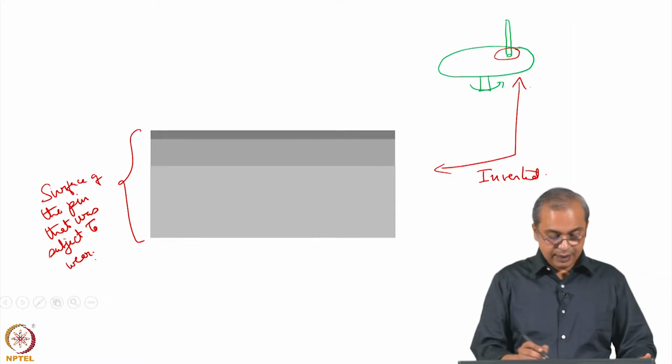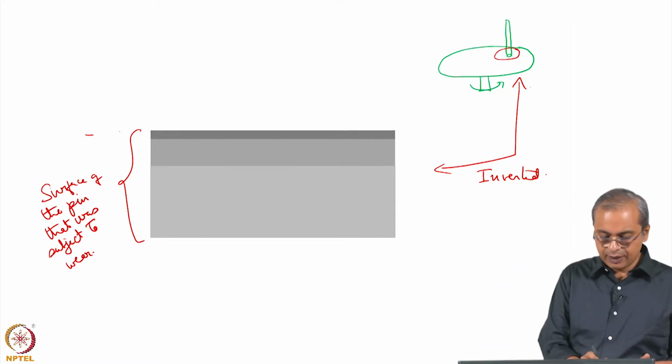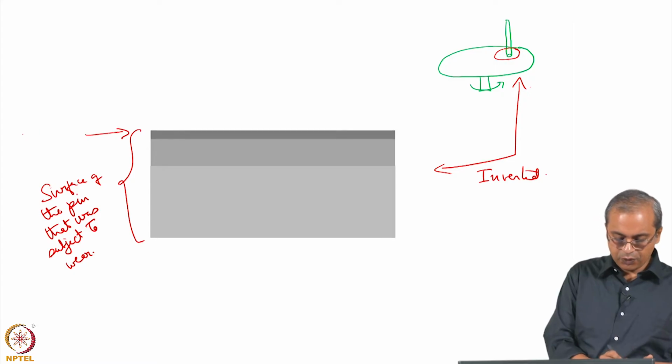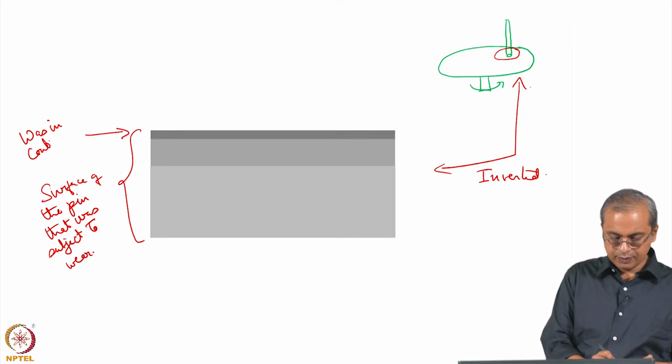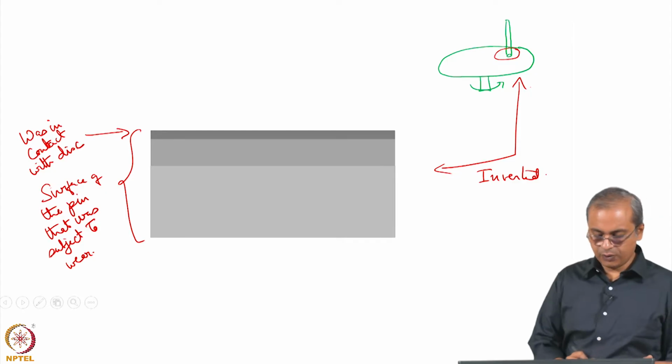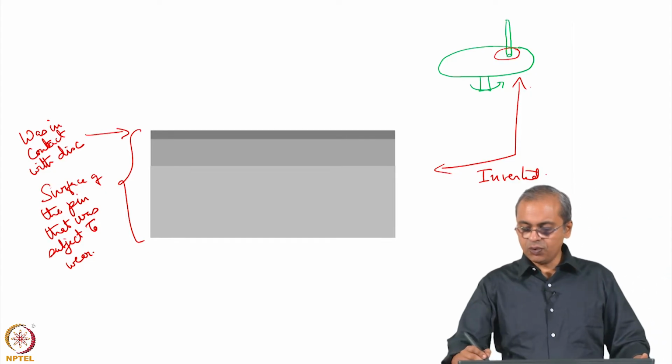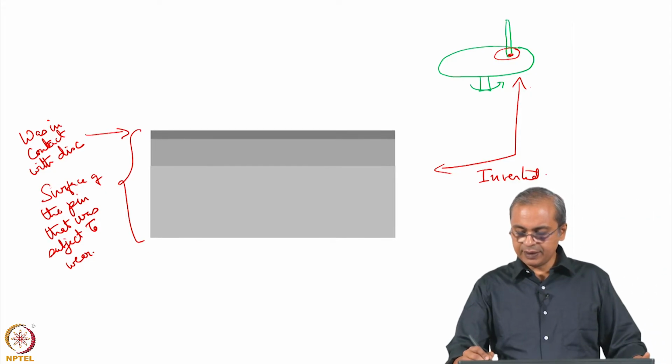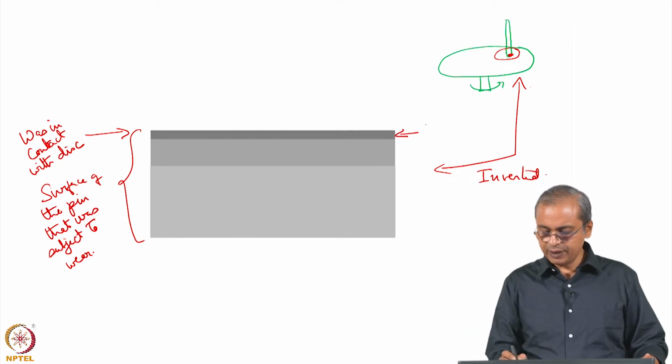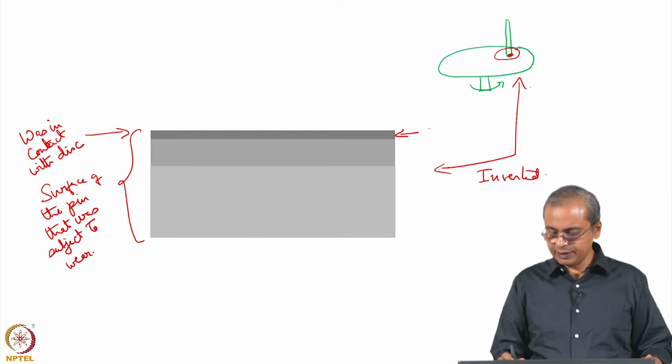And this top layer was in contact with the disc. So, it is inverted. This region which was in contact with the disc is the topmost layer that you see here, in contact with disc.